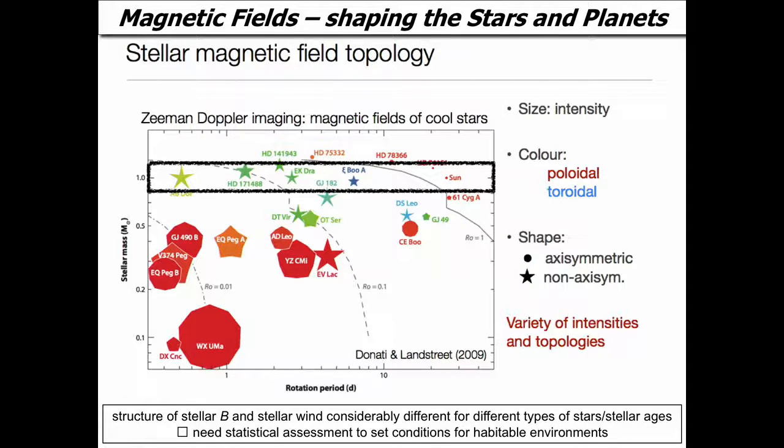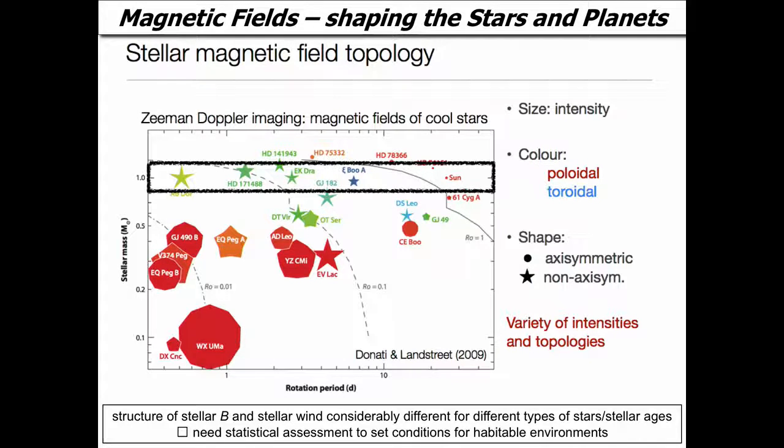And if we again have a closer look, we see that the fully convective M dwarfs I was mentioning in the beginning already, WX UMa, for example, are quite quickly rotating and have very strong but very simple fields. So simple shapes, big symbols, more poloidal components, whereas for the more solar type stars, the higher masses, we have more complex fields, and they are rotating more slowly.